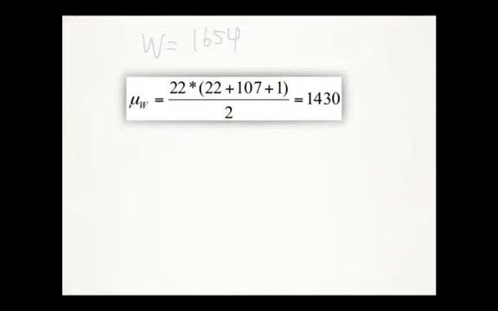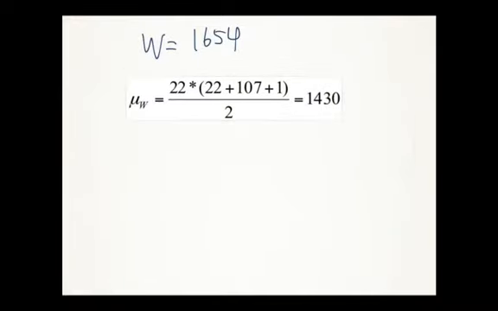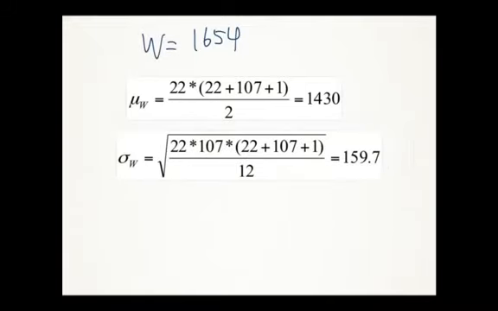So it turns out there were actually many more than 7 patients, but the first 7 were just shown for illustrative purposes. So the sum of the ranks in the smaller group, which is called W, turns out in this example to be 1654. Okay, and the mu sub W, using the formulas that we just had on the previous slide, is 1430. Sigma sub W is 159.7.